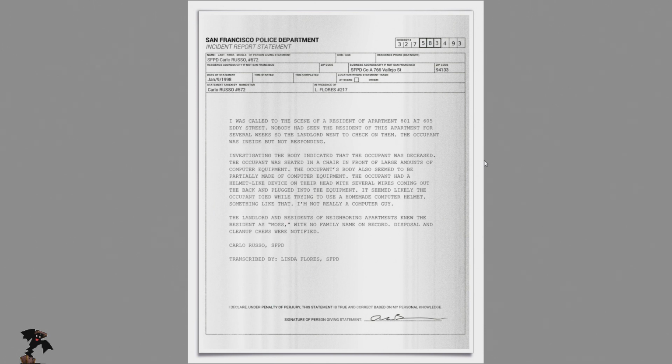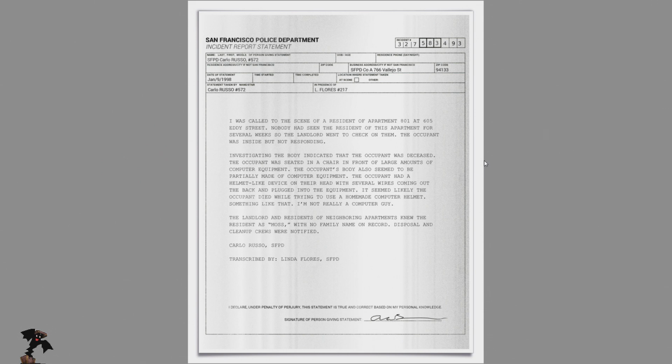I was called to the scene of a resident of apartment 801 at 605 Eddy Street. Nobody had seen the resident of this apartment for several weeks, so the landlord went to check on them. The occupant was inside but not responding. Investigating the body indicated that the occupant was deceased. The occupant was seated in a chair in front of large amounts of computer equipment. The occupant's body also seemed to be partially made of computer equipment.